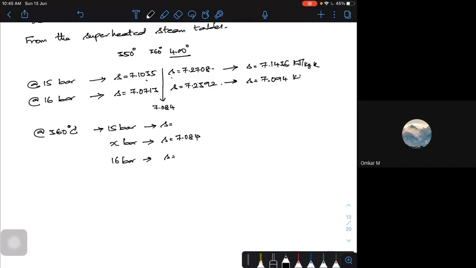This is kilojoules per kg Kelvin. So the value at 15 bar is 7.1436, and at 16 bar it is 7.094.